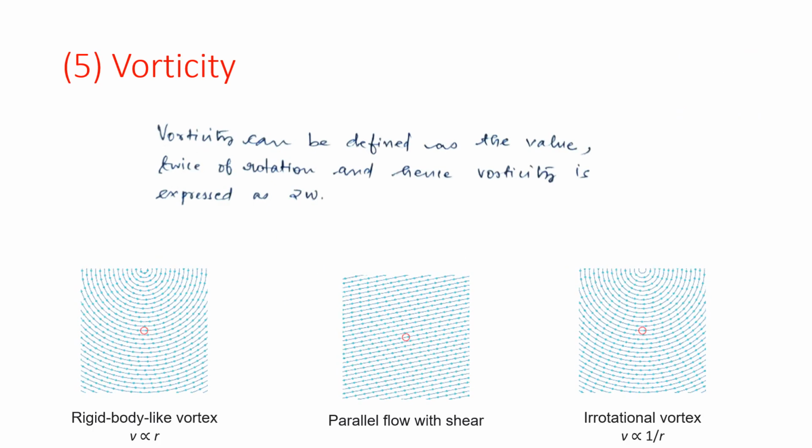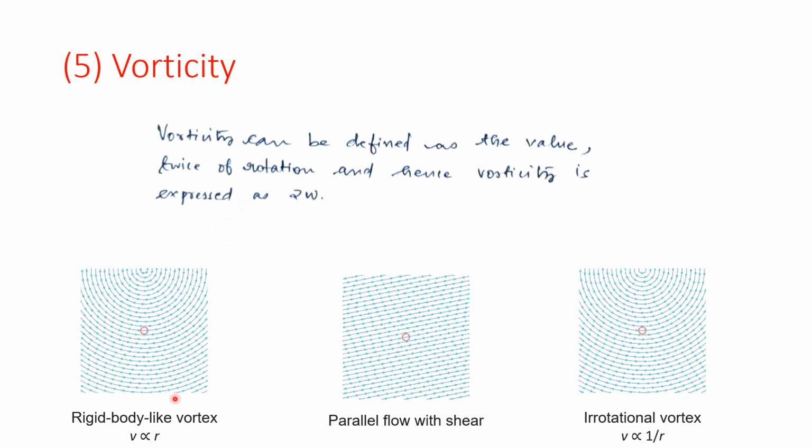Okay, so if you have these components, now we can go for one of the most important things, which is vorticity. Vorticity you will study in detail at a higher semester, but in simple terms it can be defined as a value twice the rotation. The rotational components wx, wy, and wz, taking 2 times their value is what is called vorticity, an important term. Hence vorticity is expressed as 2 times w.